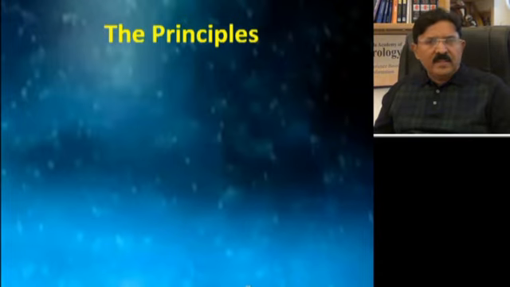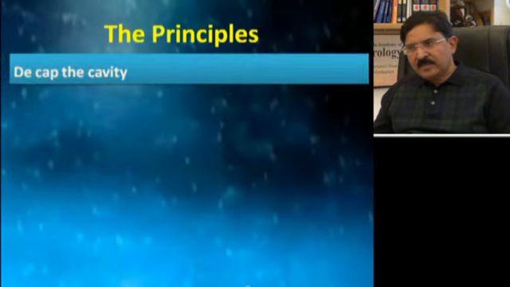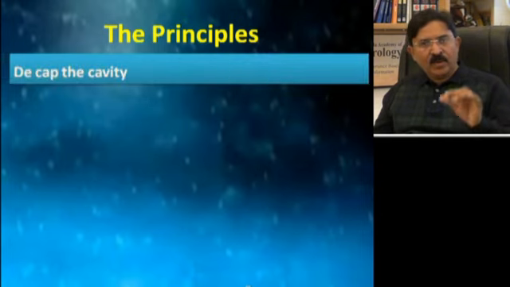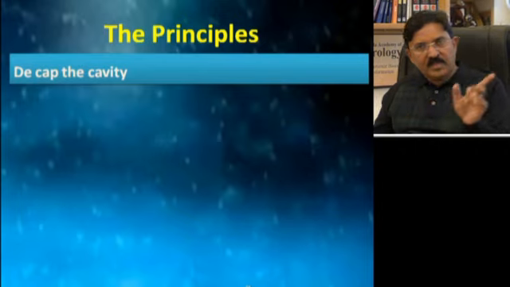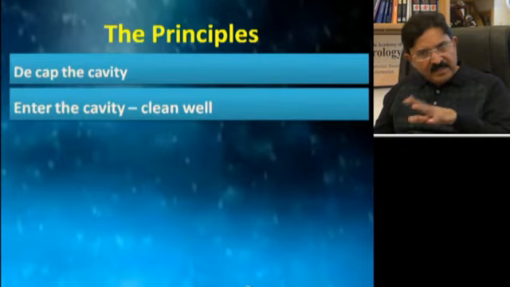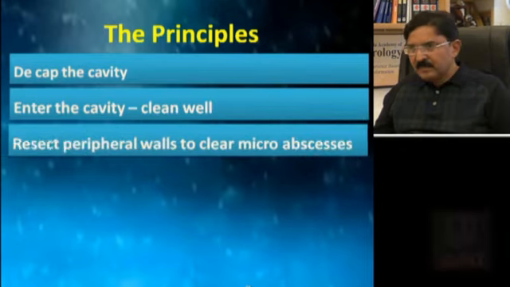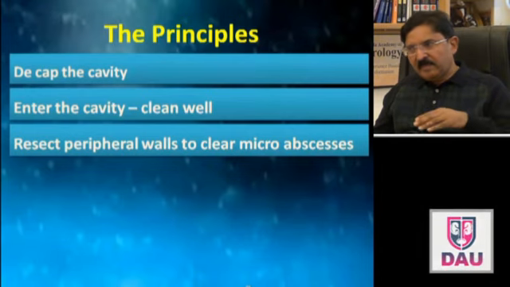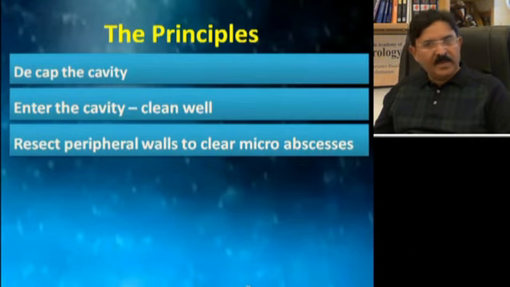So friends, if you look at the principles of transurethral resection for TURP for abscess, first of all, you have to decap the cavity. Decap means not a small hole, but remove a large top chunk, enter the cavity, clean well, resect peripheral walls to clear micro abscesses.